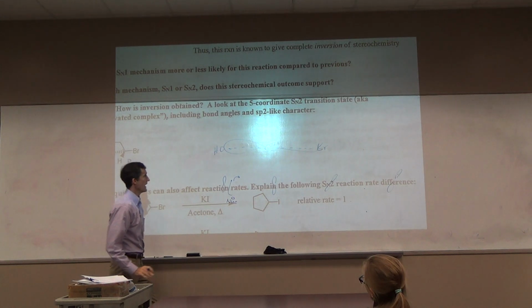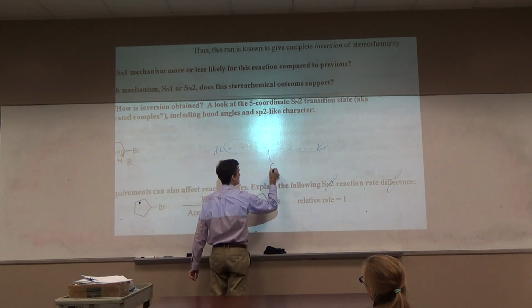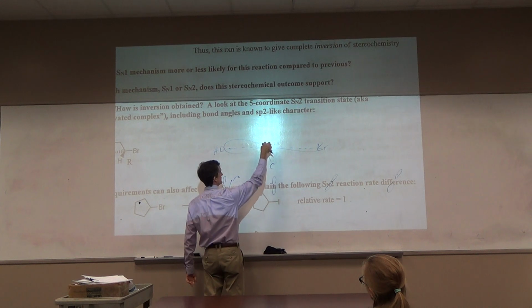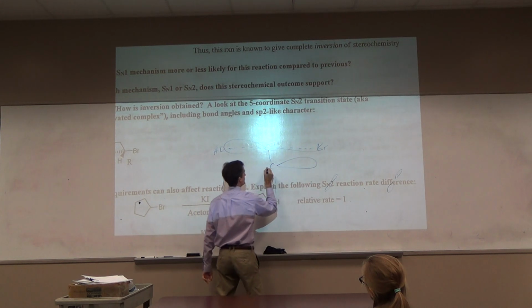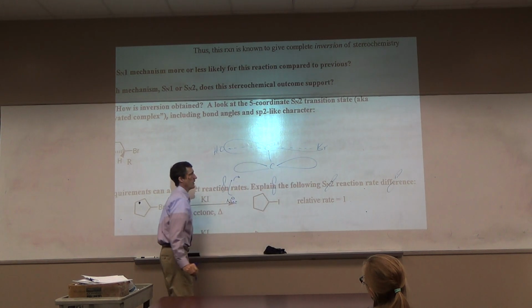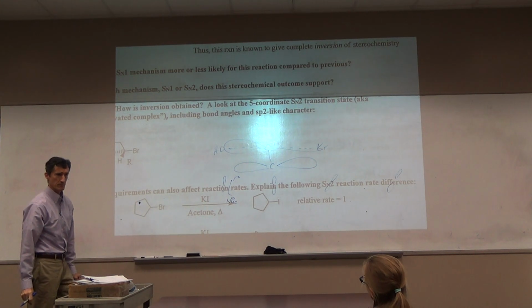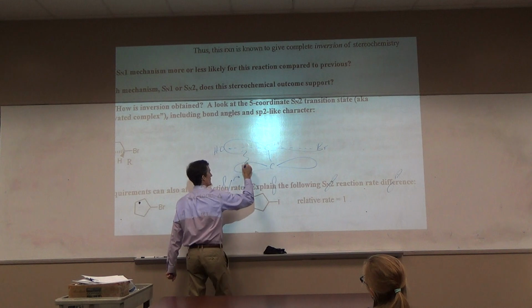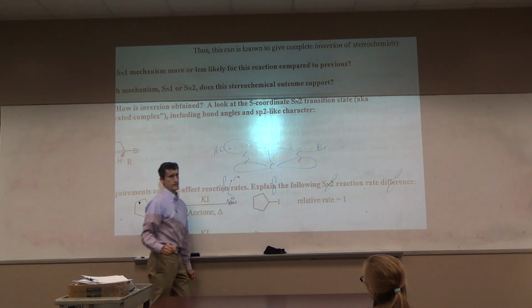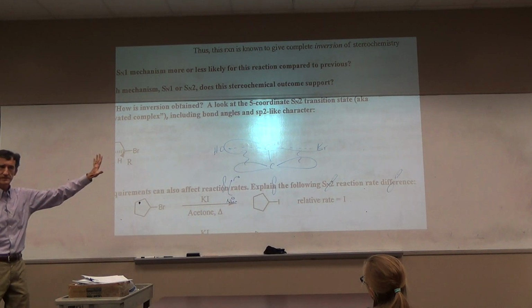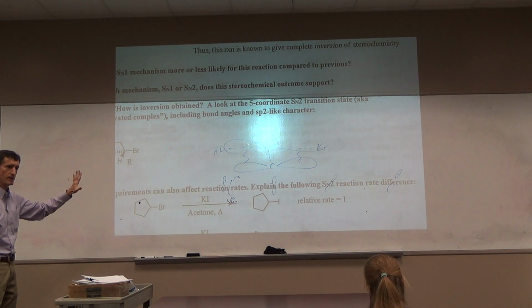And if you have a p orbital next door to that, where the reaction is taking place, what are you going to get between the two p orbitals? You're going to get overlap. In the transition state, you have p orbital overlap.